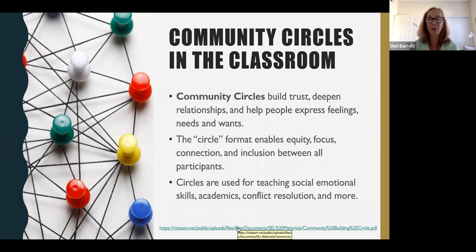Maybe they're doing a history unit and they'll take a famous character, like Harriet Tubman, and talk about questions, just using the talking piece. It's an interesting way to talk about portions of a lesson. And then again, of course, as you get more training, you can use a circle to resolve conflict. That would be called a harm circle.